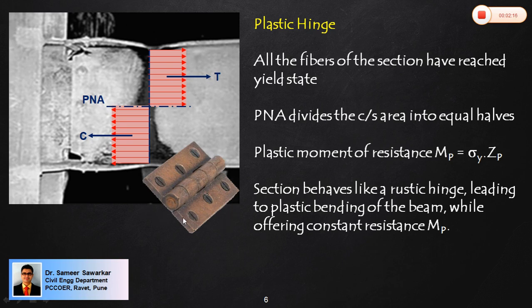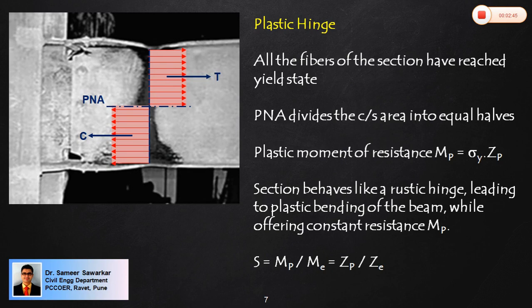I have just shown a rusty hinge here, the way it opens while offering some resistance. In a similar fashion, this particular section behaves at the plastic hinge, and it has a constant moment of resistance, that is Mp, and that is the ultimate moment of resistance the section can ever offer.